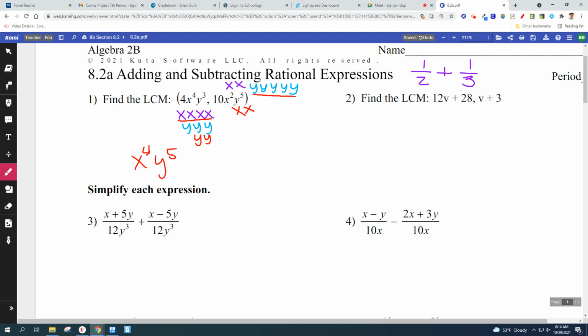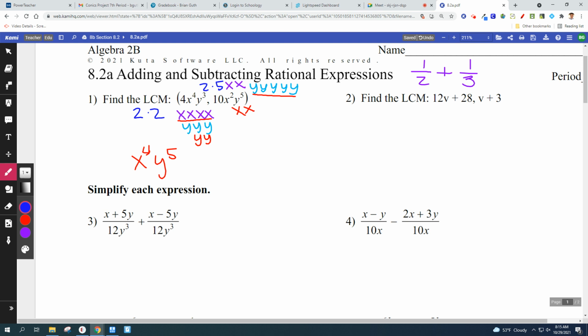But what about the plain old numbers? On the left side, we can think of 4 as 2 times 2. Getting ahead of myself. We can think of 10 as 2 times 5. So look at the factors the same way as we looked at the x's and y's.